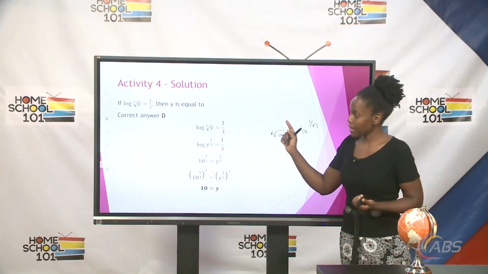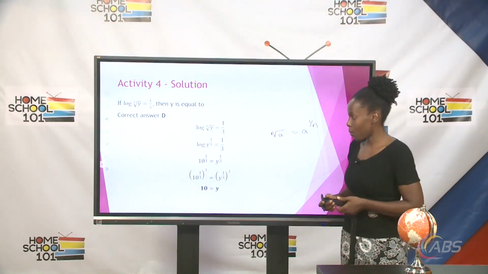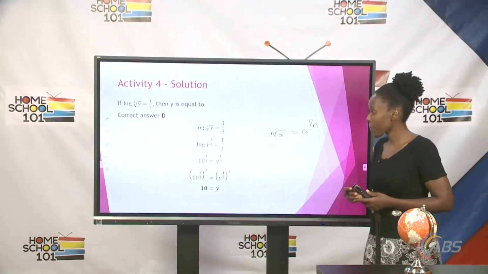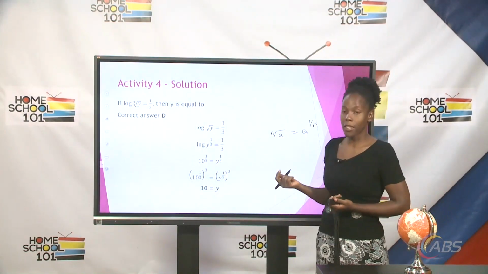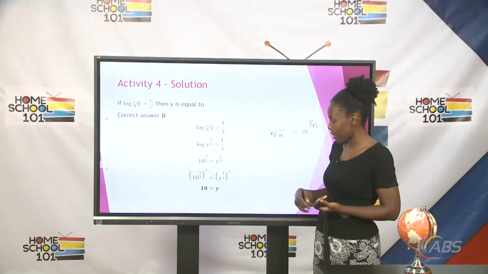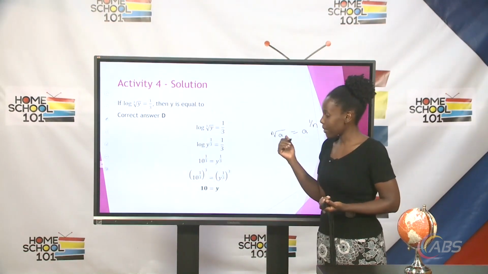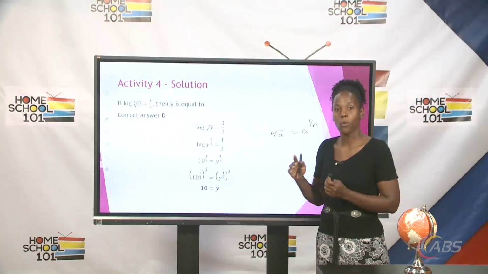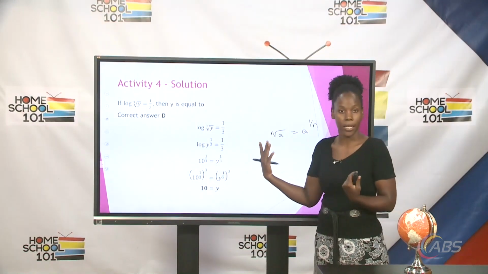So because this is a logarithmic equation, what I would need to do is to convert to the exponential form. So in converting to the exponential form, remember again the base here is 10 because the value is not given. So it's 10 because it's the standard base, and once I don't see a value, then I know it is 10.